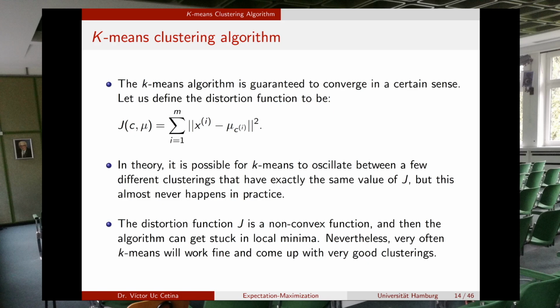Now, k-means, as I said, is an unsupervised learning method, and it is quite old. It was proposed like 60 years ago, but even though it is old, it is very simple, and in practice most of the time it is the best way to try to find structure in data that is not labeled.